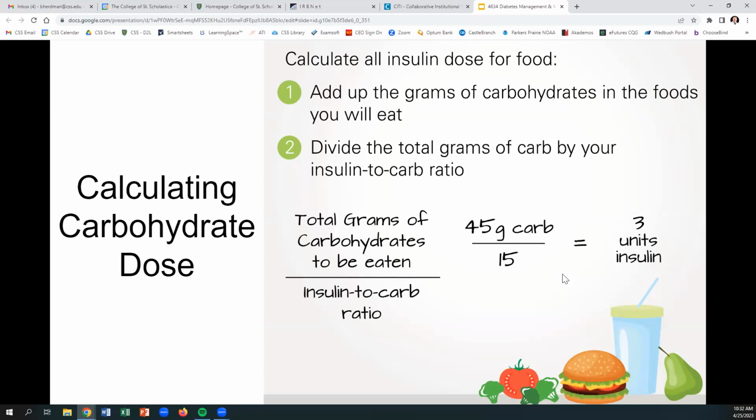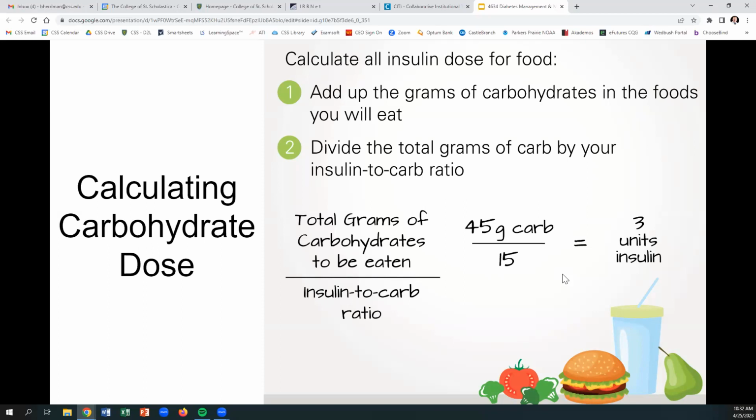I'm going to tell you right now that the most common carbohydrate to insulin ratio is going to be 15. And this is actually referred to in some settings as a carb choice. So 15 grams of carbohydrate is known as a carb choice.